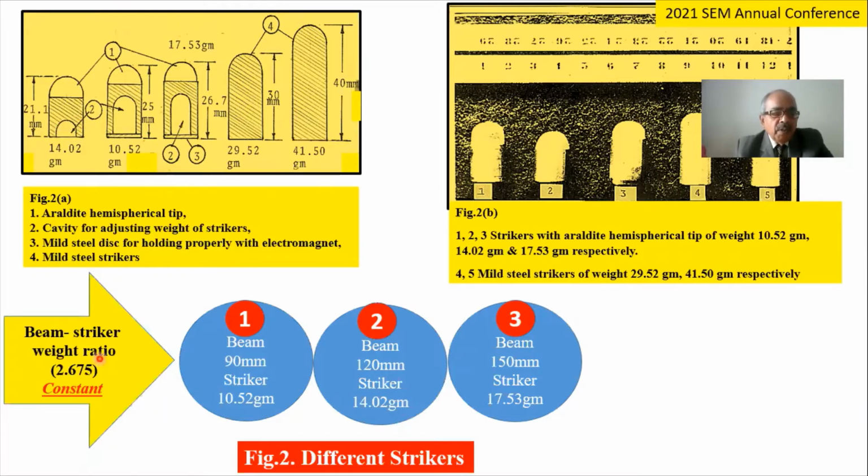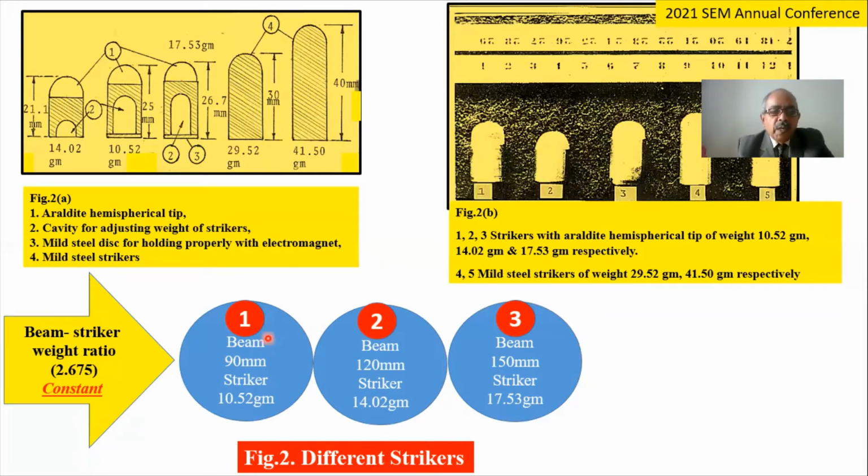The ratio is constant. The tip of the striker is made with araldite so that the contacting material urethane is not highly dissimilar to the contacting material. The photograph shows the shape of the different strikers in actual black and white.